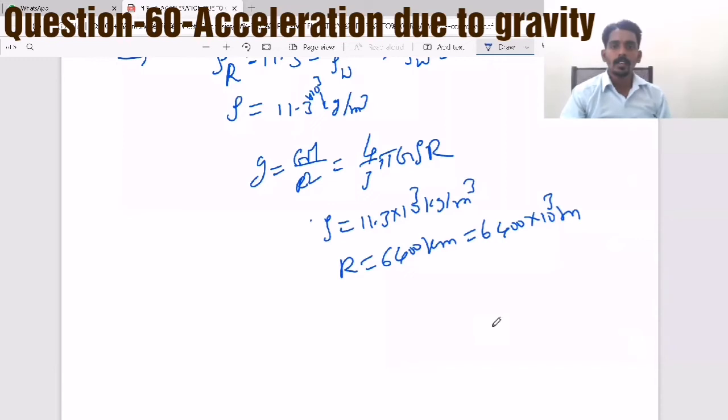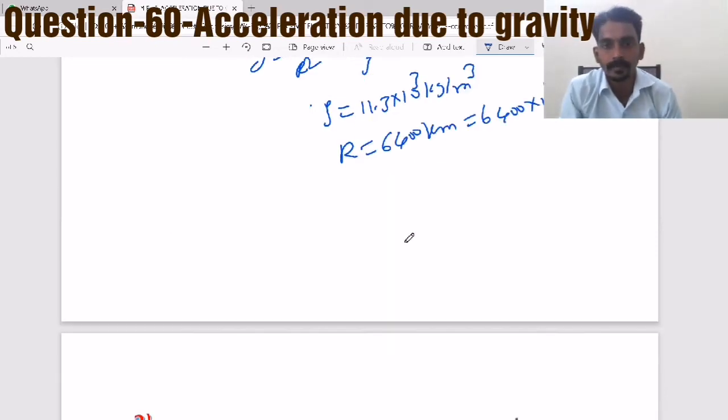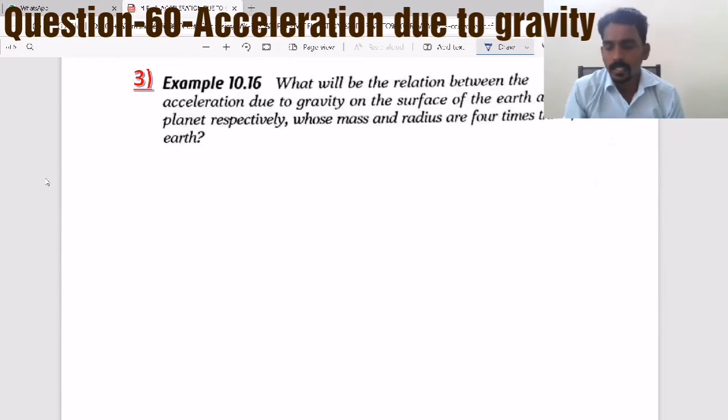Now all values are there. You can substitute and calculate. But again, the calculation. For a question based on a formula, you need to take care of fast and perfect calculation always. Now we'll see the next question.